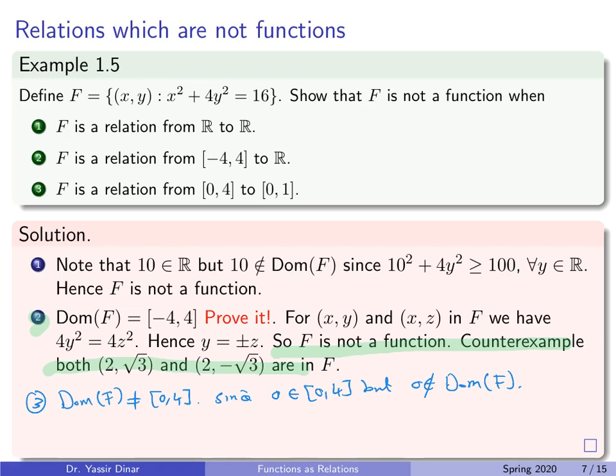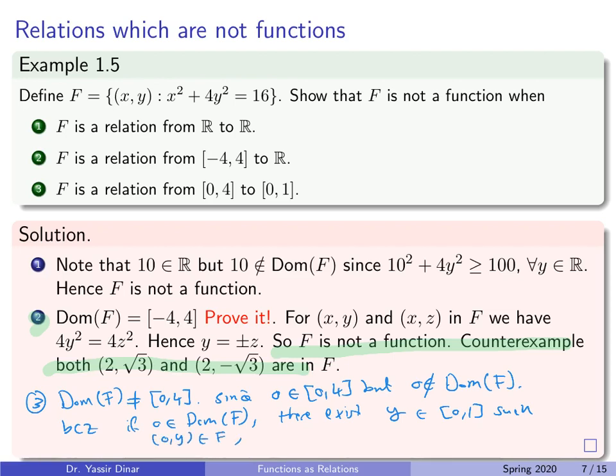Why? Because if 0 belongs to the domain of f, that means there exists y in [0,1] such that this x and y satisfy the relation, (0,y) belongs to f.